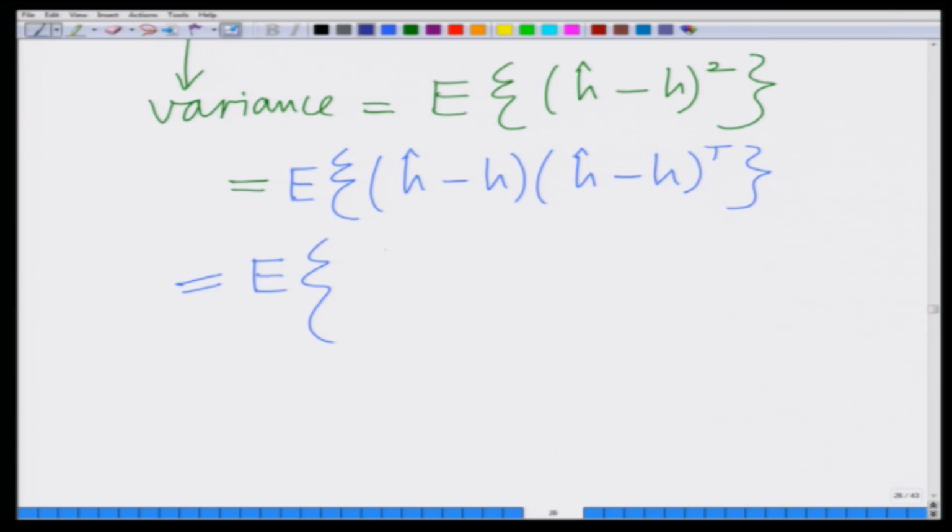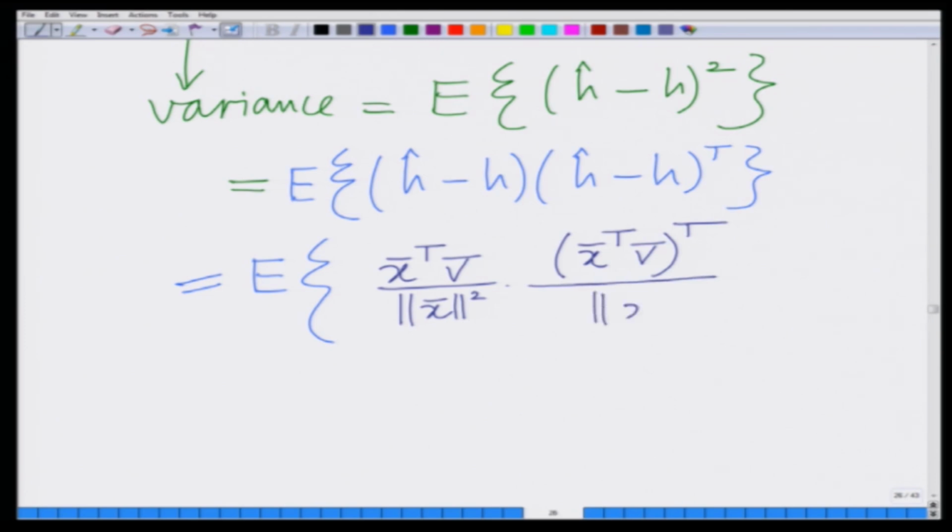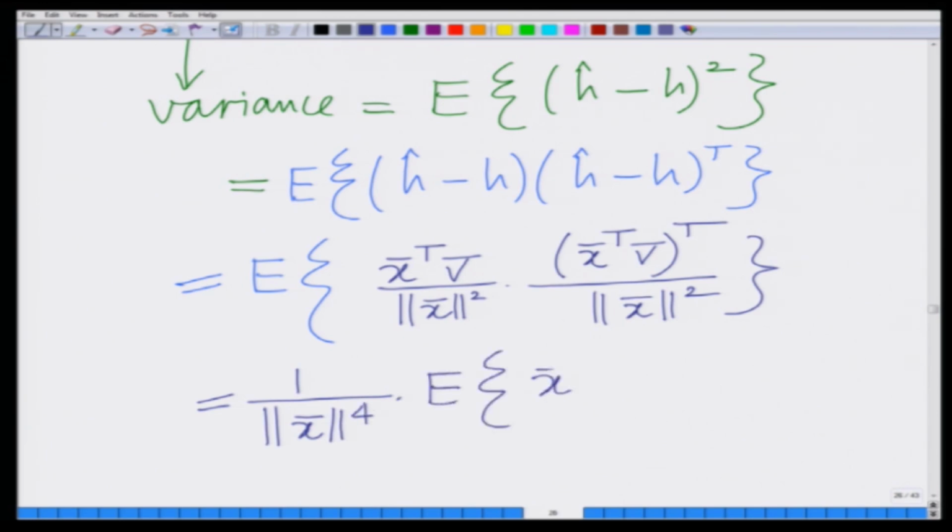You can see H hat minus H is x bar transpose V bar divided by norm x bar square, times x bar transpose V bar transpose divided by norm x bar square, which is equal to, now bringing this norm x bar squares outside, I have 1 over norm x bar to the power 4, expected value of x bar transpose V bar times x bar transpose V bar transpose, which is V bar transpose x bar.